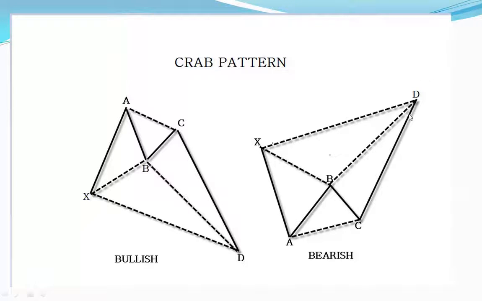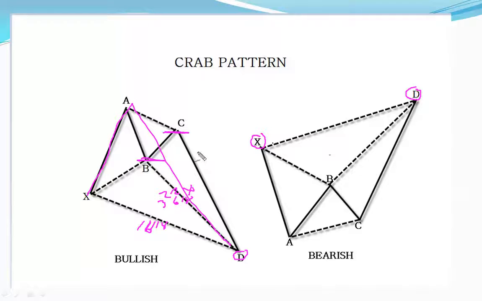All right. So the crab pattern, similar to that butterfly we looked at earlier, is a much longer type of pattern, where this swing here would be 1618 down from here to here, and then from your B to C, and it's rare you see this, it's a 224 to 3618 extension.